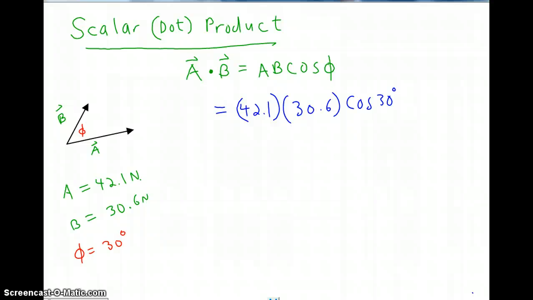Times 42.1, and the scalar product or dot product of these values is going to be equal to about, let's say, we'll use proper sig figs here, so we should have 3 total, about 1,120. And if they were both in newtons, we're not going to really worry about the units for now.